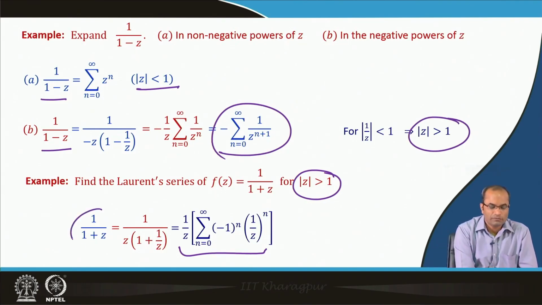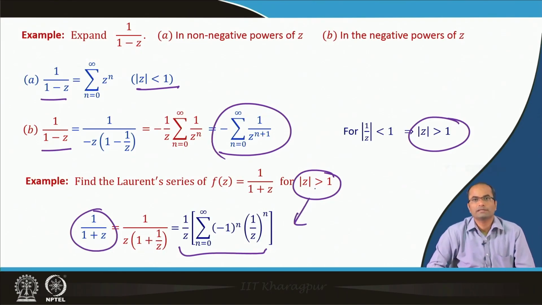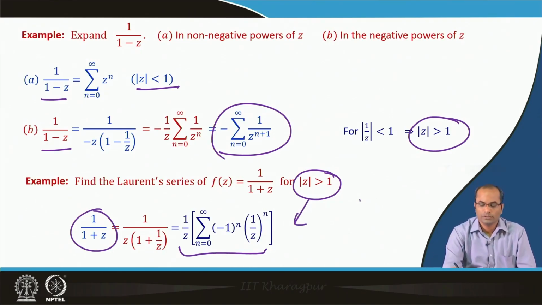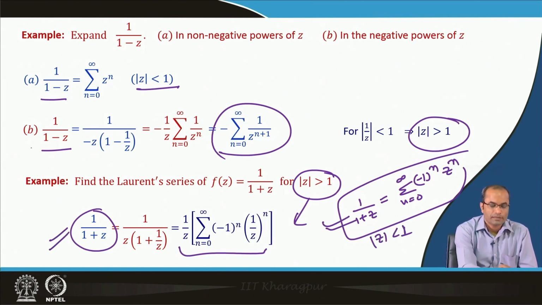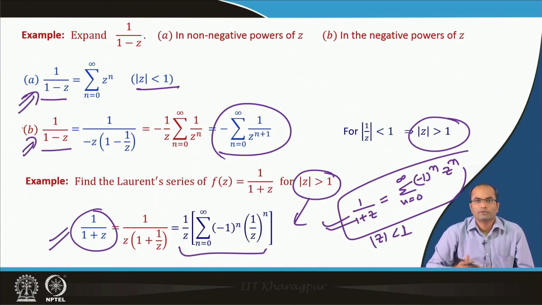Another one, we have 1 over 1 plus z valid in mod z greater than 1, and we have also the Taylor series expansion of 1 over 1 plus z, which is simply the sum n from 0 to infinity of minus 1 power n and z power n, which is valid here for mod z less than 1. So, these four expansions will be used now for representing many functions in terms of the Laurent series expansion.